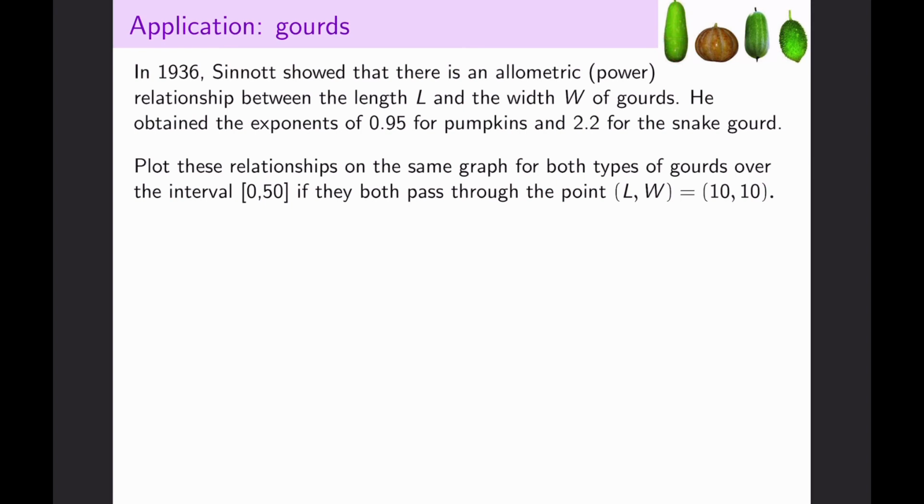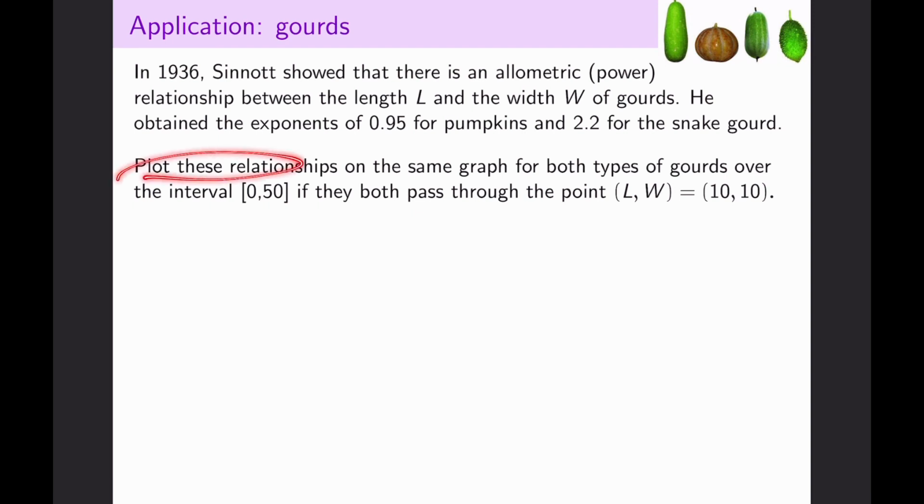In particular, he showed that for pumpkins, that relationship is portrayed by the exponent of 0.95. And for the snake gourd, the relationship is portrayed with a power of 2.2.